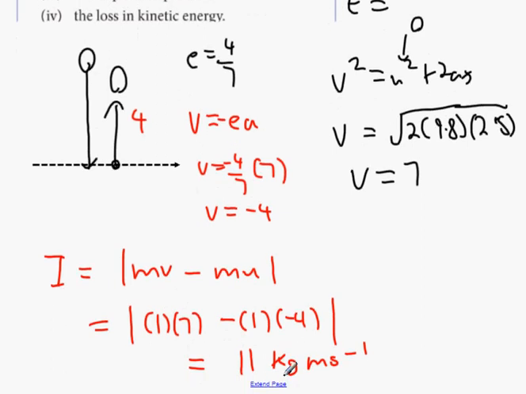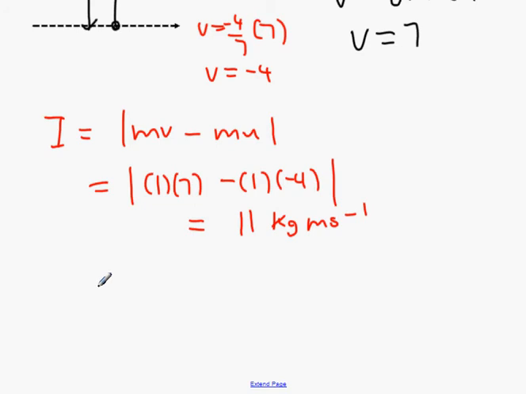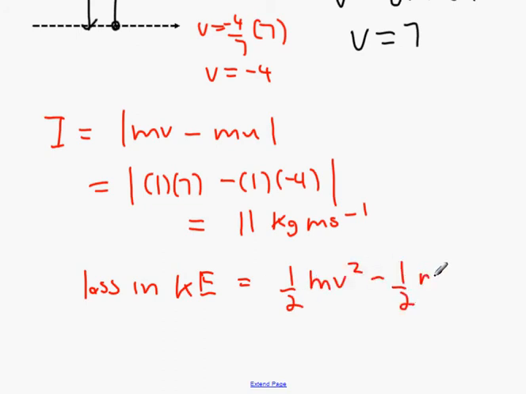Find the loss in kinetic energy. Loss in kinetic energy, lads. So loss in KE is 1/2 mv squared minus 1/2 mu squared. What's mv squared? 1/2 times 1 times 7 squared minus 1/2 times 1 times 4 squared.